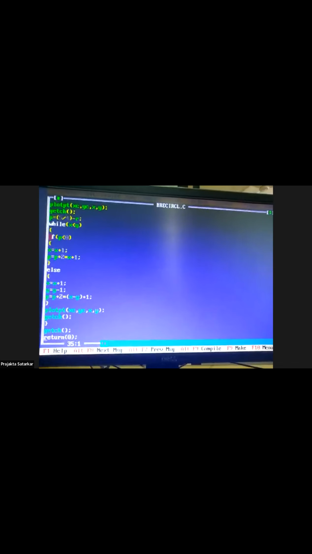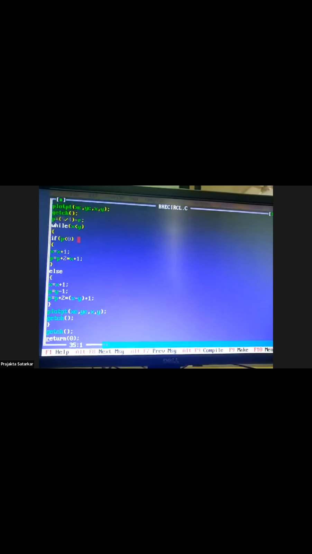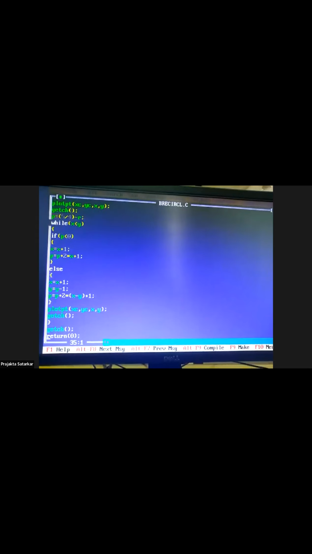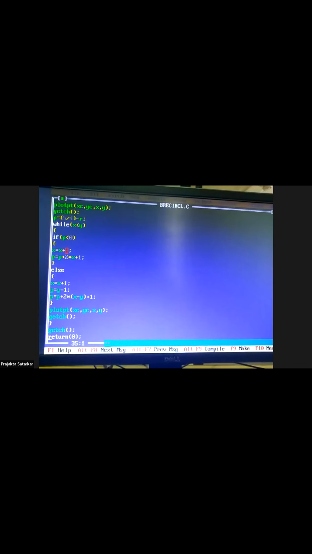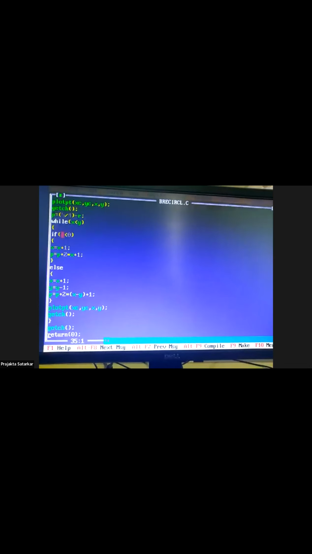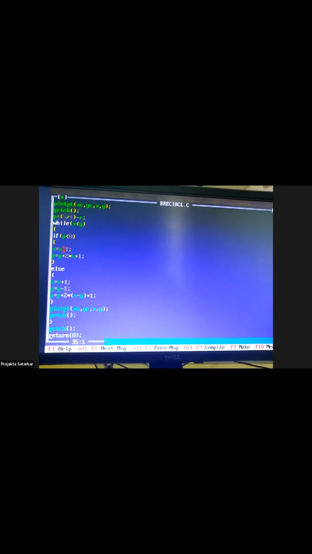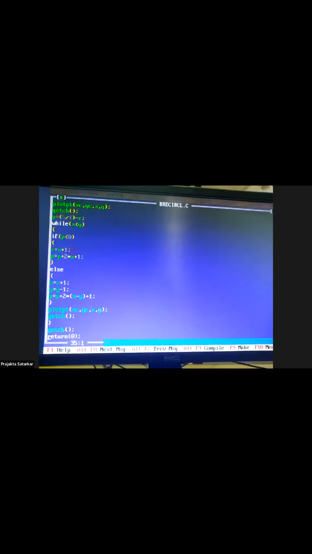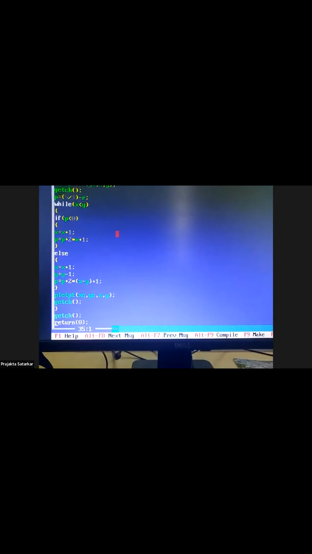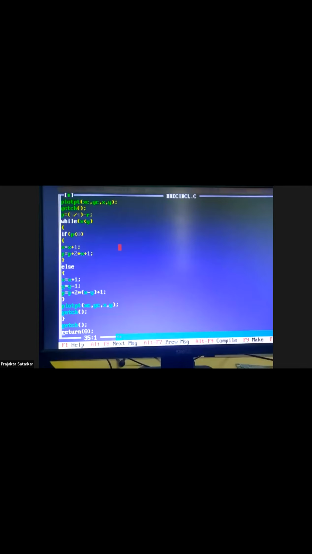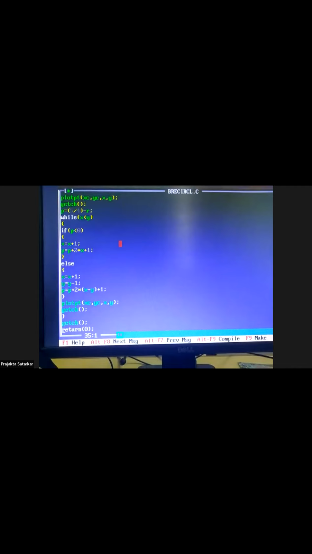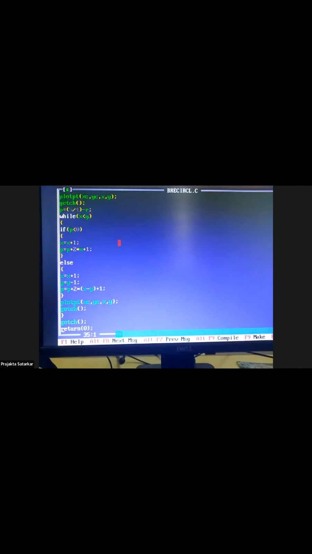Then here the if condition is there: if P is less than 0. Here P is the decision variable. Depending upon the value of P, you are going to do certain things. If P is less than 0, then there is no change in the Y parameter. Simply X is going to increase. So it is a horizontal move, where X is only increasing, but there is no change in the Y parameter.